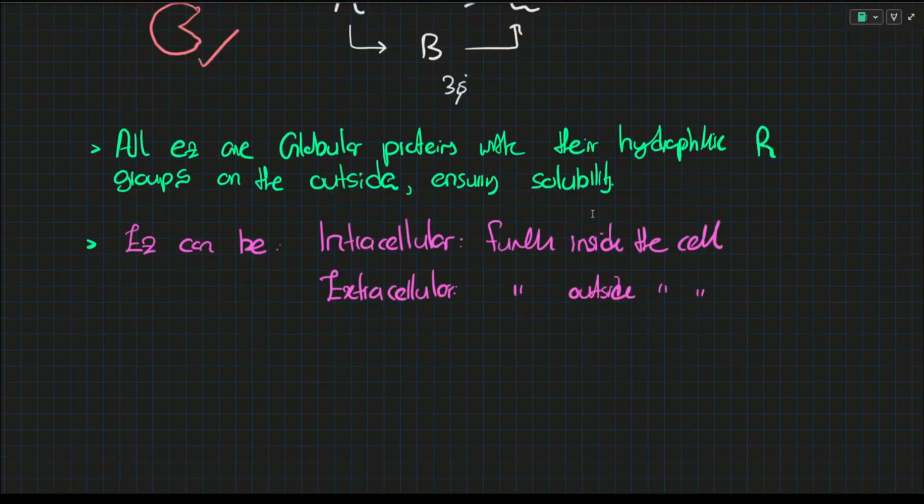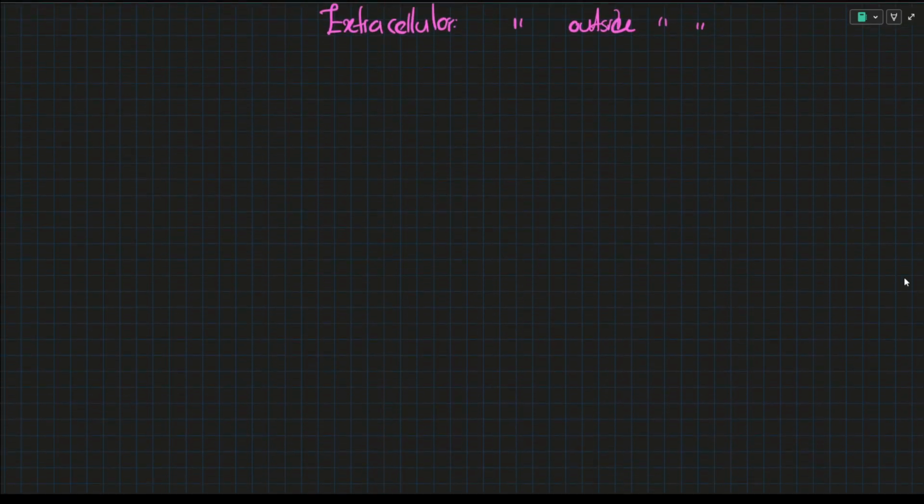There are two main mechanisms in which enzymes actually work. Now, this is the interesting part. First of all, this was the older model, and we called this the lock and key hypothesis.